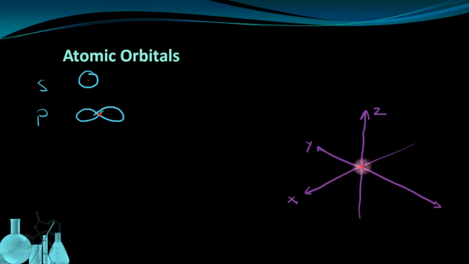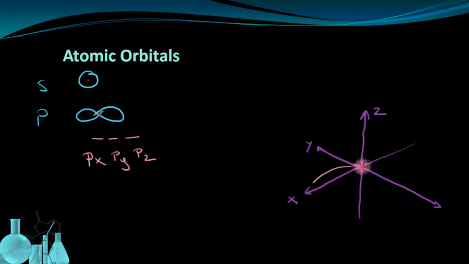Before we draw in our P orbitals, we should remember that for every energy level, there are actually 3 P orbitals. And now that we have this system set up for a 3-dimensional space, you might have an idea of why. There's going to be a px orbital, a p orbital for the y-axis, and a p orbital for the z-axis. And when we draw them in, they look something like this. Let's do px first.